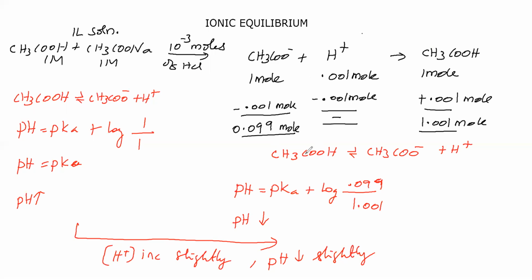But acetic acid concentration increases, therefore dissociation extent increases, therefore concentration of H plus increases. But acetic acid is a weak acid. Therefore, due to addition of HCl, the concentration of H plus increases slightly and pH decreases slightly. That's what we can say. Superficially, the definition of buffer solution is that it will resist the change in pH.